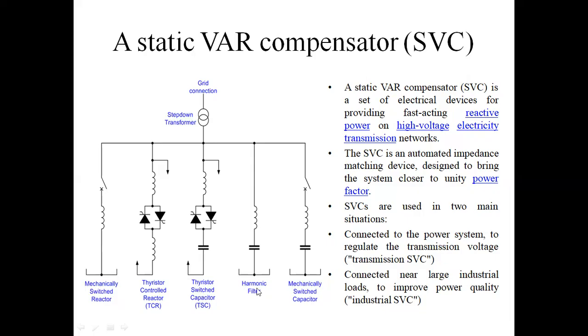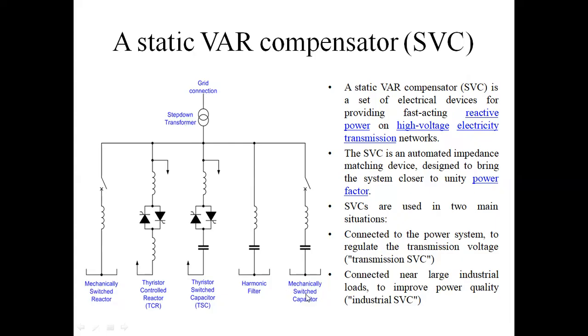This is the harmonic filter, an LC filter: this is the capacitor, this is the inductor. This is the thyristor switched capacitor. This is the distribution line, and this is the grid connection. This is the step-down transformer, stepping down high voltage to low voltage.